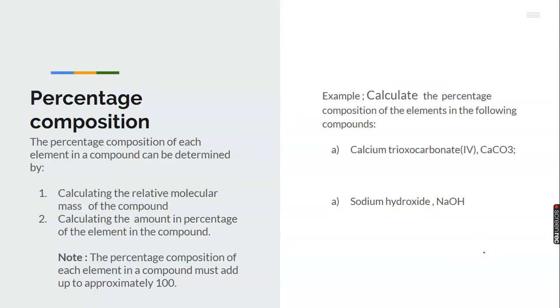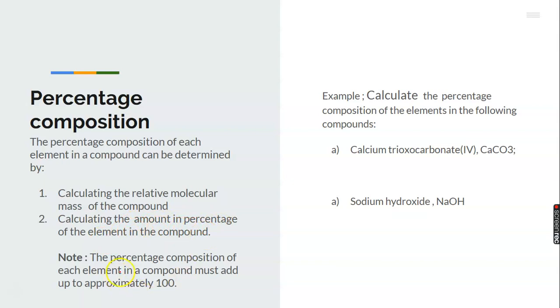Okay, percentage composition. You can calculate the percentage composition of a compound by following this procedure. In order to get our percentage composition, we have to calculate the relative molecular mass of the compound, as well as the amount in percentage of the elements in the compound.